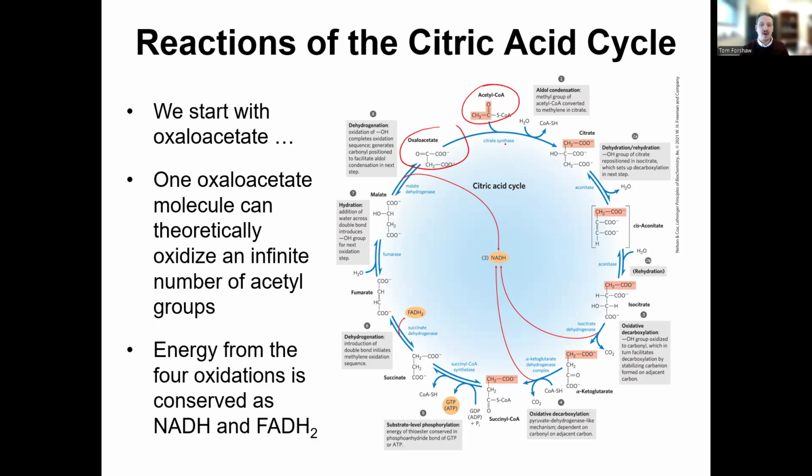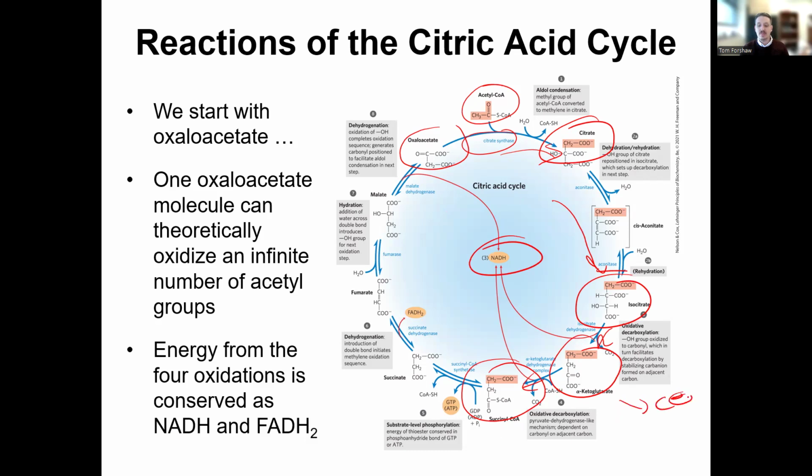Oxaloacetate and acetyl-CoA, citrate synthase, condensation to citrate, rearrangement to isocitrate with aconitase, then the oxidative decarboxylation to alpha-ketoglutarate, oxidative decarboxylation to succinyl CoA, each time generating an NADH and losing the CO2 to go from 6 to 5 to 4 carbons.